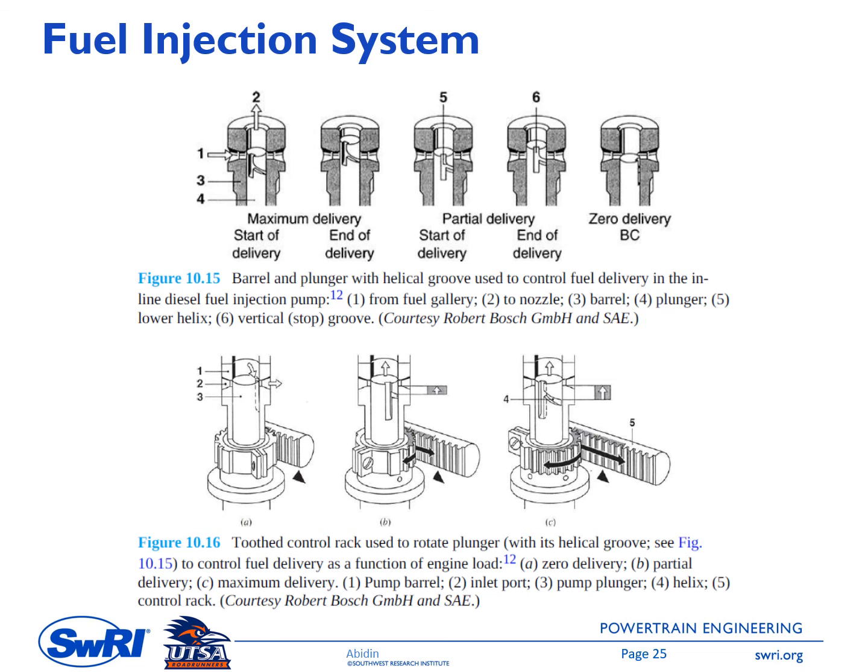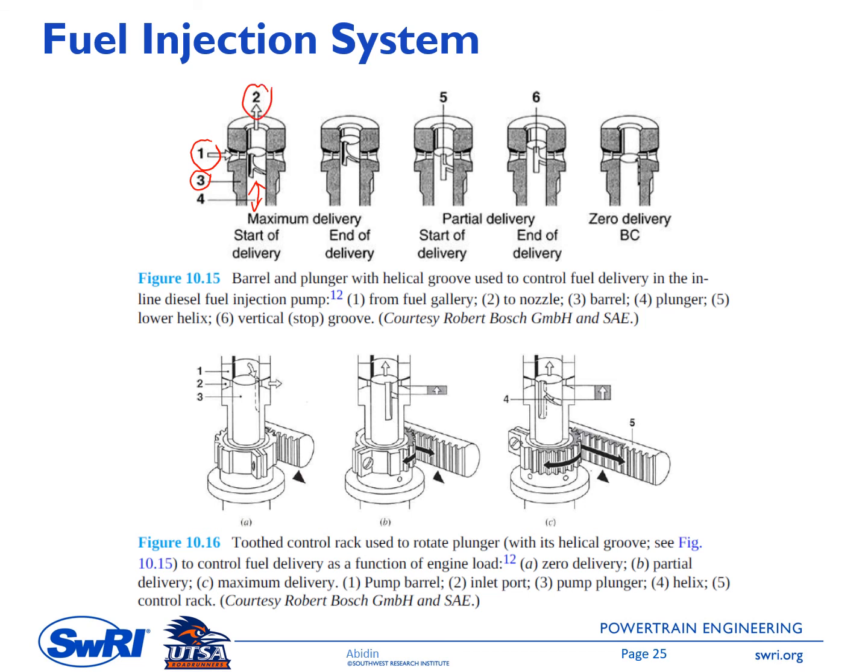This figure is showing the detail of the fuel delivery system inside the injector. The components here consist of the barrel, number 3, and number 4 here is the plunger. This plunger can move up and down. Number 1 here is the entrance of the fuel into the injector, and number 2 here is going into the nozzle.